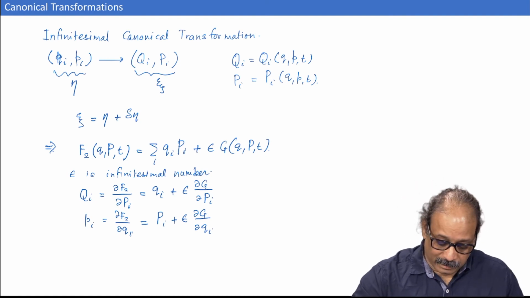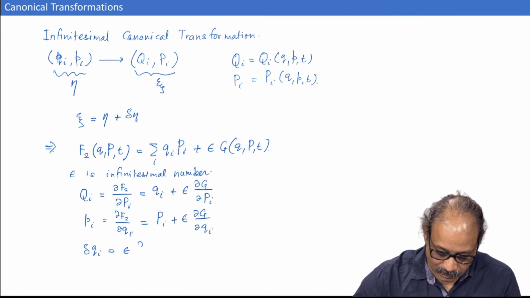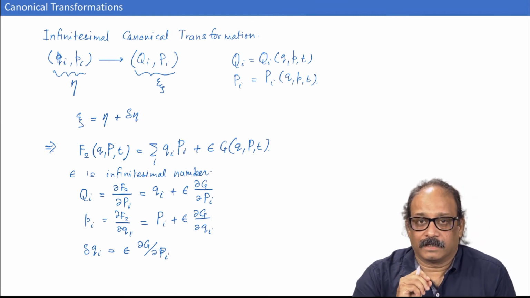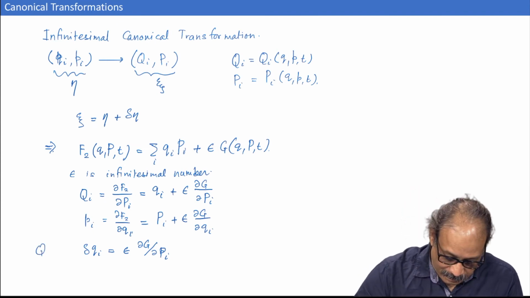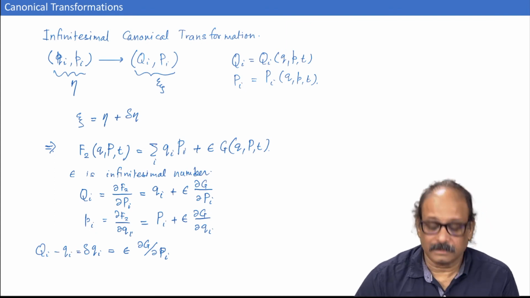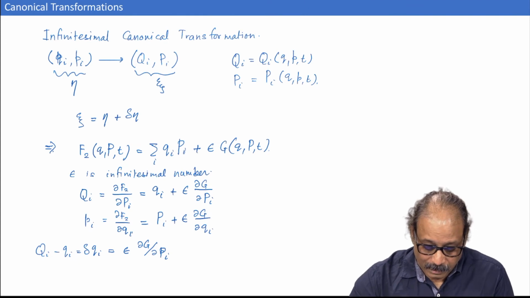Now, this gives me delta q i, which is epsilon times del g by del P i. Okay, this is capital P i. What is delta q? Remember, it is the new value minus the old value. So, this is in fact capital Q i minus small q i. Now, you look at this differential here.